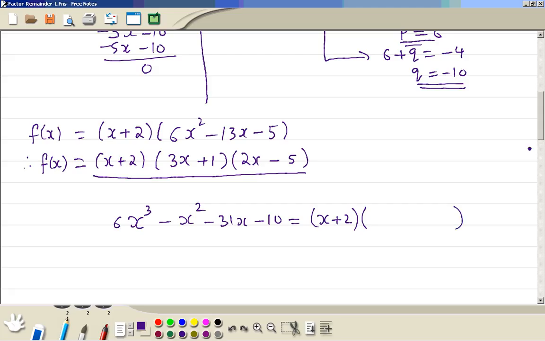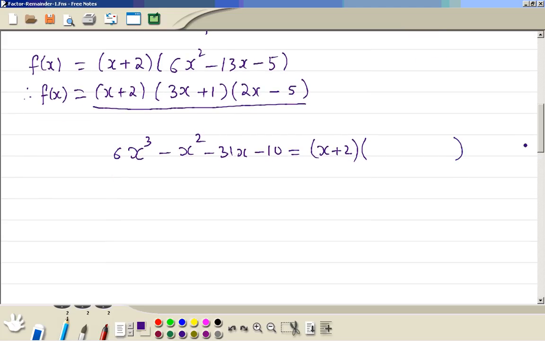Now the quadratic here, because the x cubed has a coefficient 6, therefore the x squared will have a coefficient 6, because that's the only one you get x cubed from. Then the constant term, because of minus 10, which is going to be 2 times something, gives you minus 10, so it's minus 5. So the only factor we don't know here is the number b.